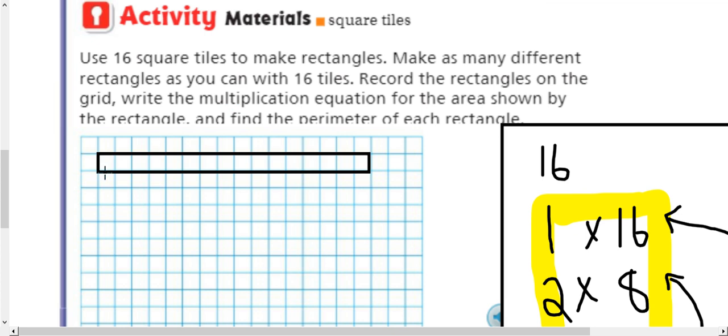Here we go. 1, 2, 3, 4, 5, 6, 7, 8, 9, 10, 11, 12, 13, 14, 15, 16. There we go. We got it. All right. So we have a 1 by 16. One right here. And then this whole side right here would be 16.